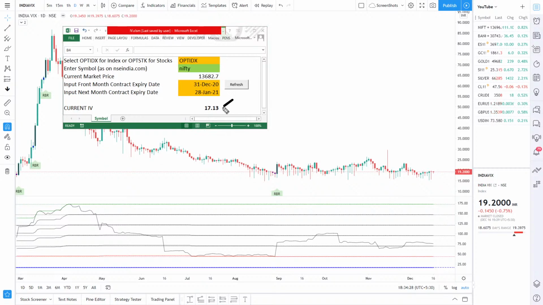I can see currently my IV of Nifty is 17.13, and the India VIX is telling me that currently we have the value of 19.2. Because this is less than this, we can say maybe the options are priced cheap currently, right? So if the options are priced cheap, we will be looking for buying opportunities. This is what many people do just to make things simplified for them.